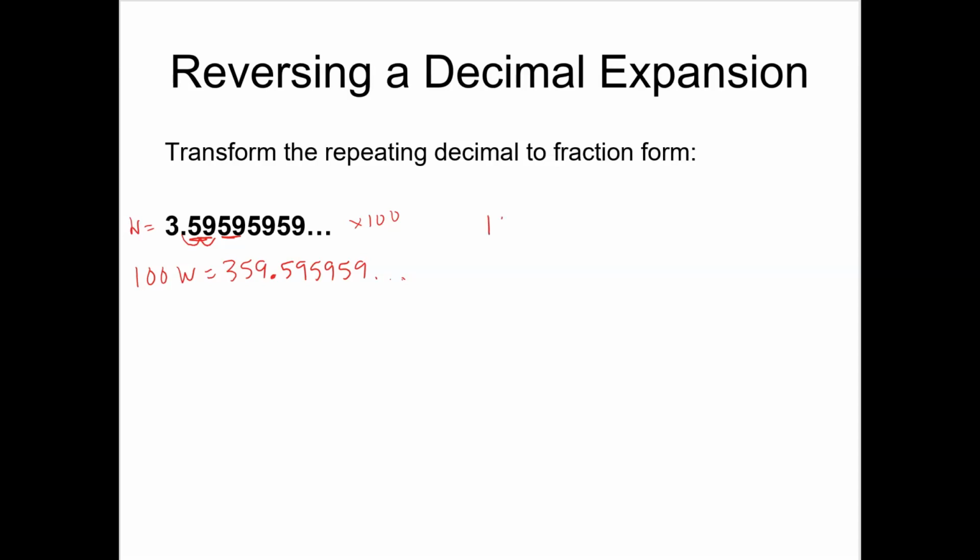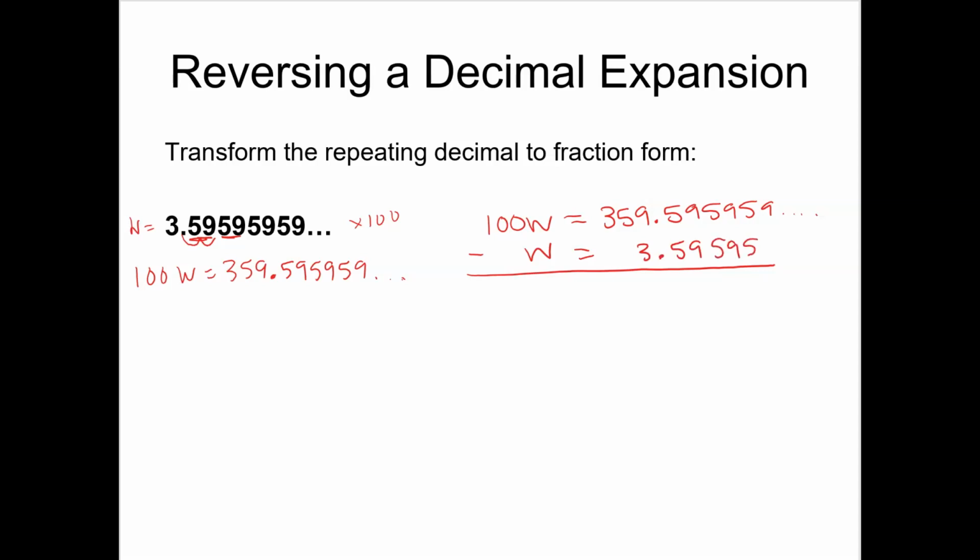So I'm going to do 100W minus W on the left. And on the right, 100W is 359.595959. And W, make sure you line up your decimal, is 3.595959.